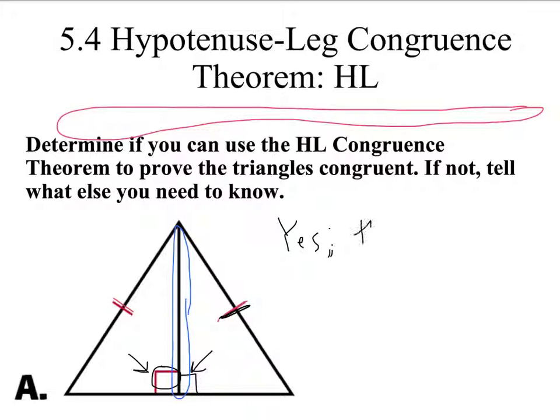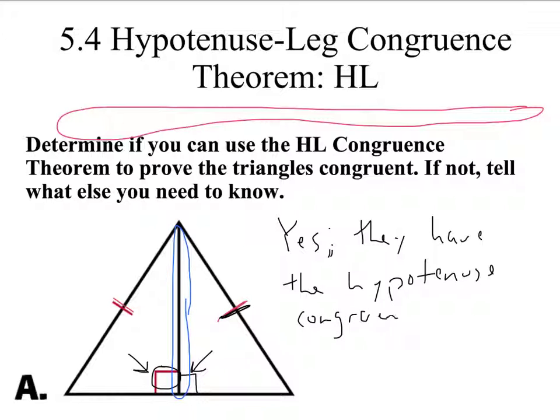The reason is that the hypotenuses are congruent and they share a side. Now think about that property. What property would we use in a two-column proof that would say that side is congruent?